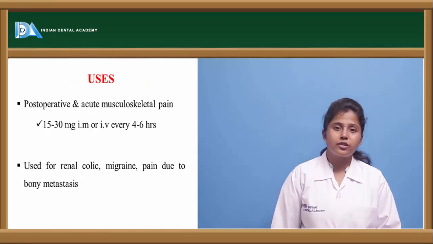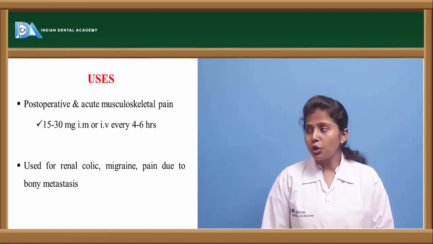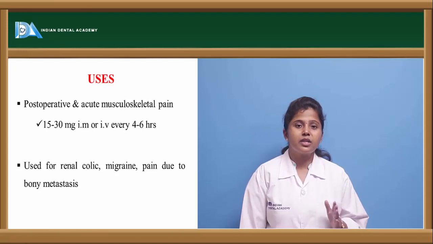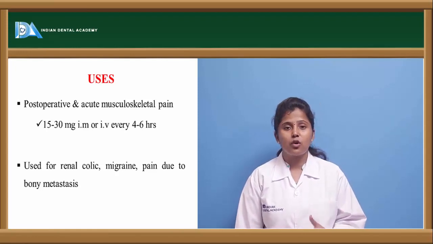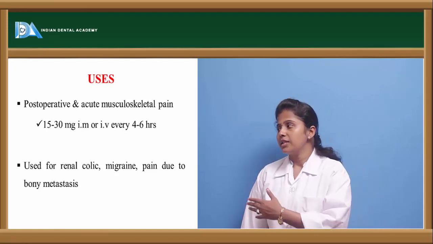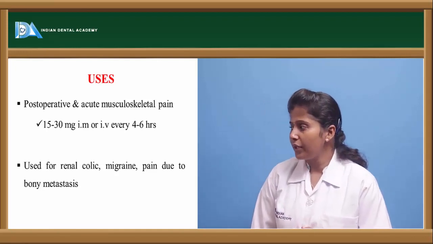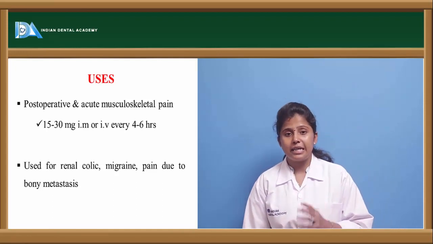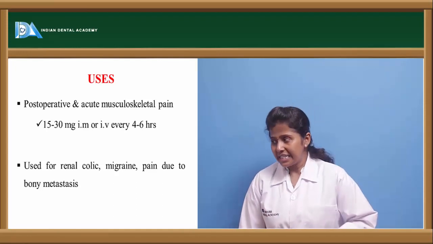The uses of this drug: it is mostly used in post-operative as well as acute musculoskeletal pain. So after the operation, if there is any pain, and if there is any pain in the skeletal muscle, this Ketorolac is given in the dose of 15 to 30 mg either by the intramuscular route or by the intravenous route every 4 to 6 hours.